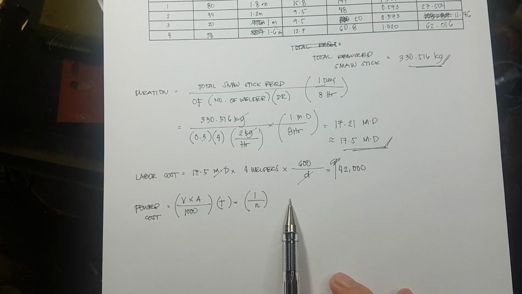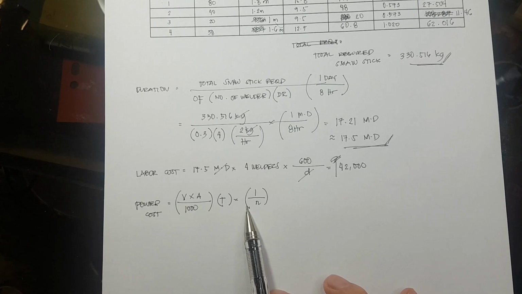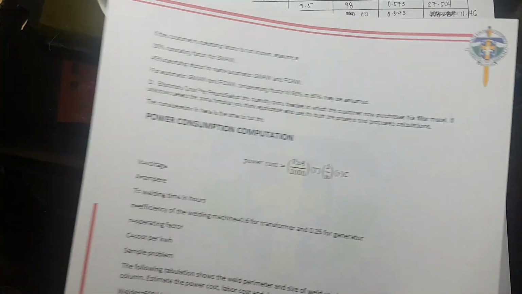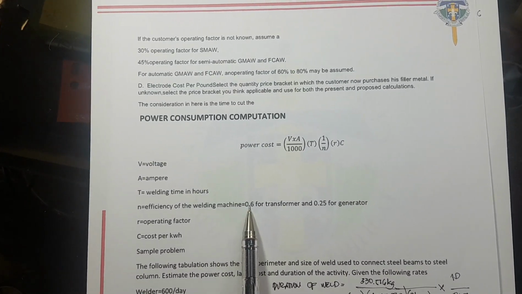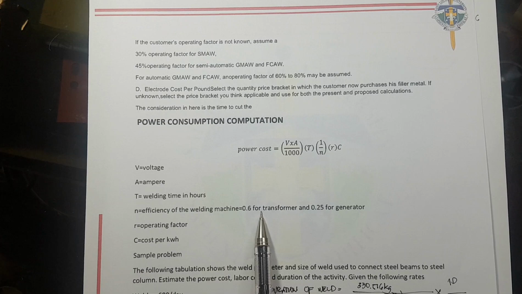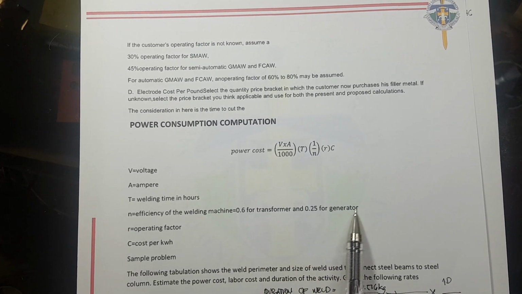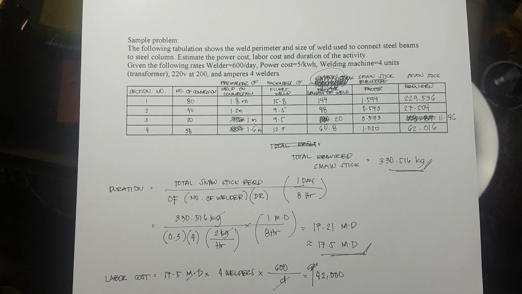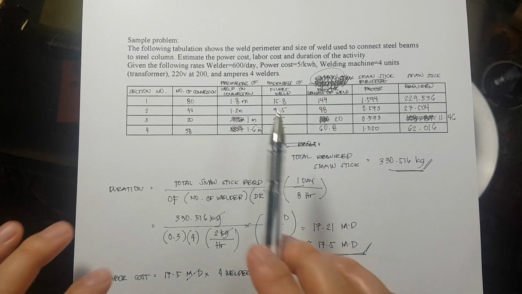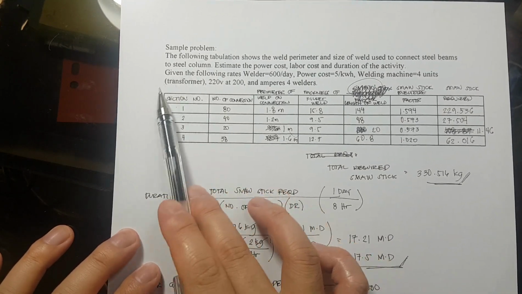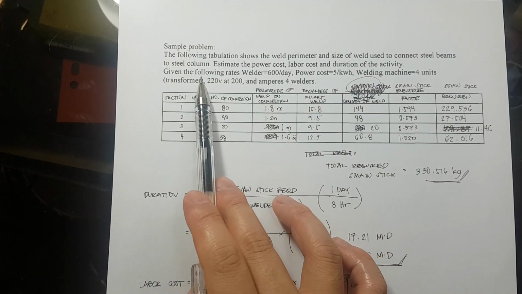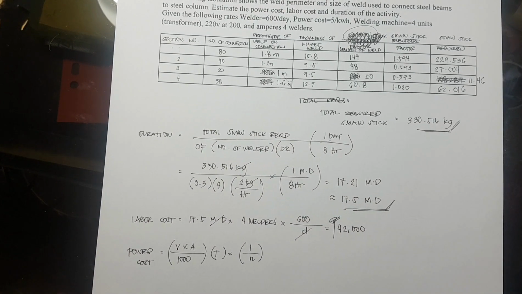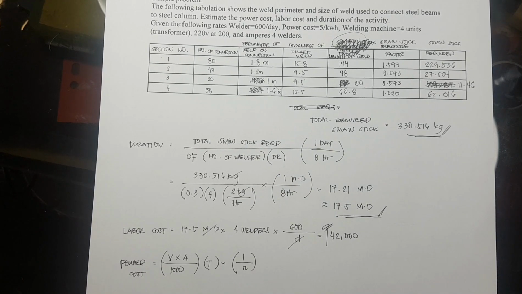It is the efficiency of welding machine, 0.6 for transformer and 0.25 for generator. Now, dito, ano bang ginagamit natin? Transformer. So we are using 0.6.